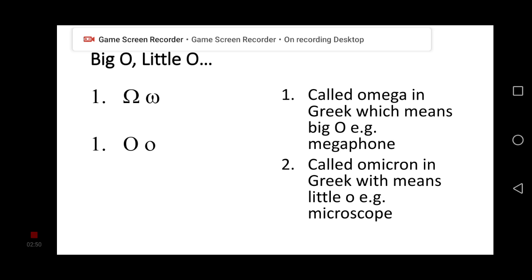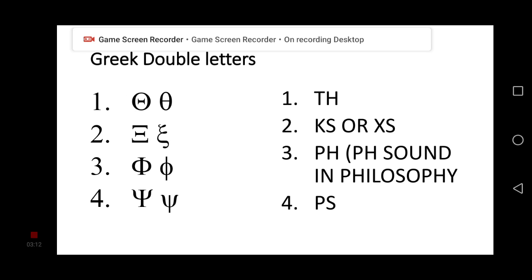So omega generally has a bigger sound than o. In ancient Greek and modern Greek, it isn't as distinguishable. So you've got big O and you've got little o. Look at the little omega, it looks more like a W, doesn't it?